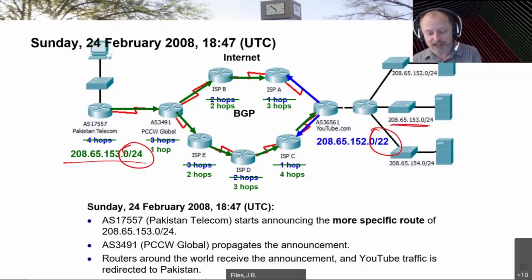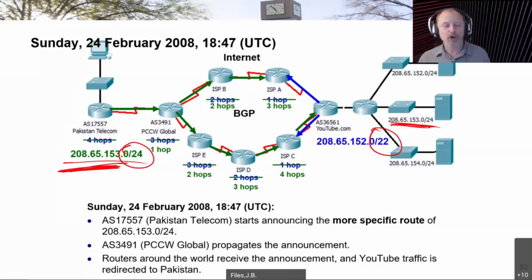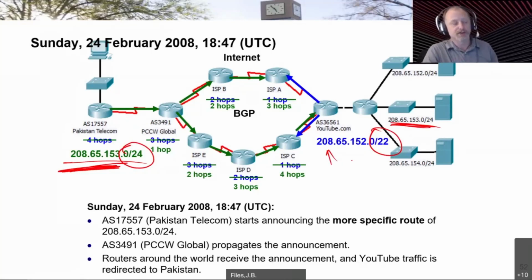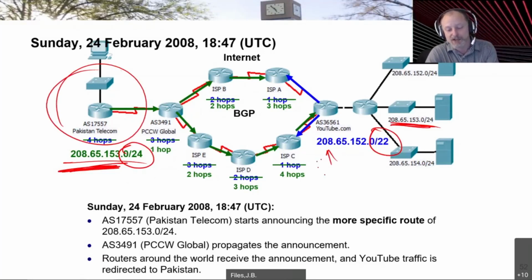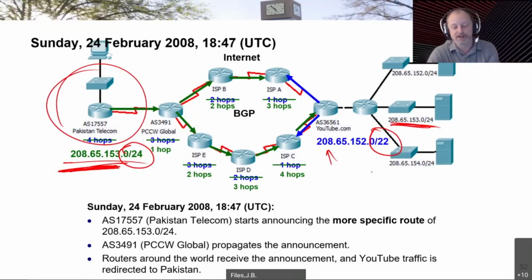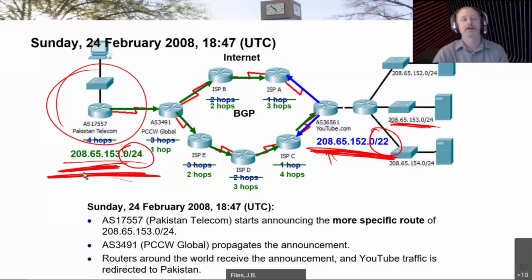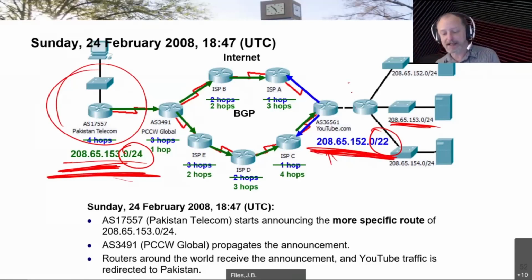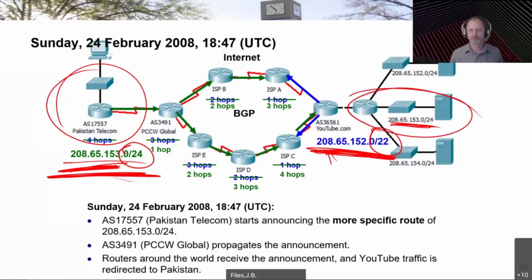So that means if you're trying to get to this subnet, right? Everybody in the world, you could be right next to YouTube servers, and if you're trying to get to that 153 subnet, you're going over here because YouTube is not advertising the 153 subnet. They're advertising a /22, and a /24 is more specific. That means Pakistan Telecom is basically stealing all the traffic for that subnet.